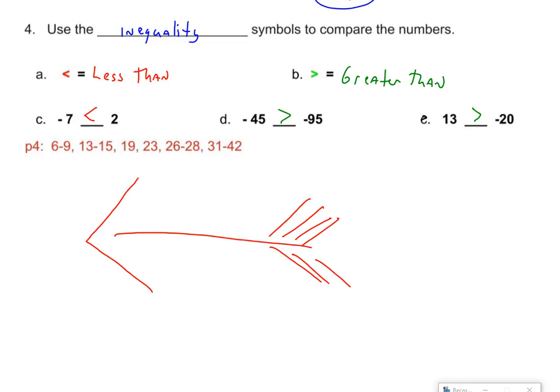Okay, I got something to pass out to you. You need to listen to me very carefully. If you want to start packing up, you can, but you need to listen carefully. So pass these back. Keep this out. Now, when you do homework tonight, are you going to have your notes with you?